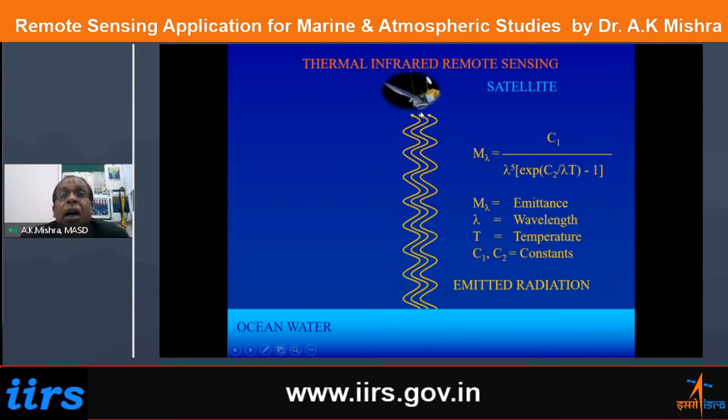sensor, normally people get confused about the reflectance and emission. Any body having a temperature will emit radiation. So if you have a thermal sensor, both day and night, you can sense the emitted radiance from the ocean surface. So both day and night, you will get the sea surface temperature information.